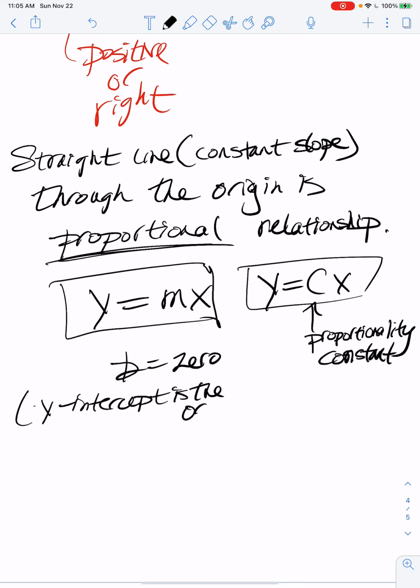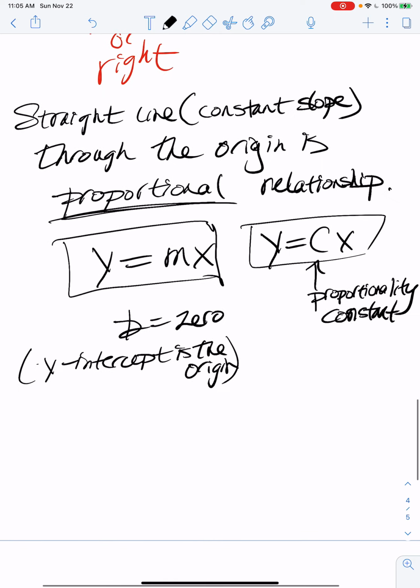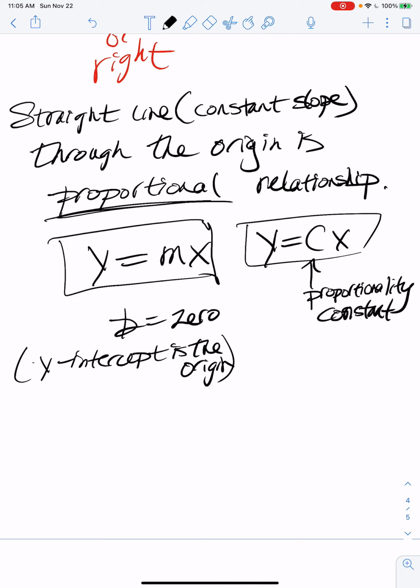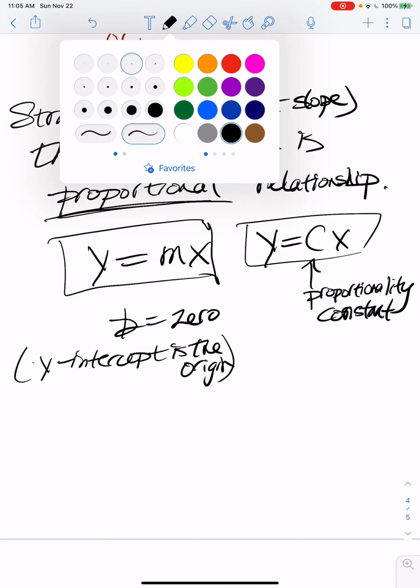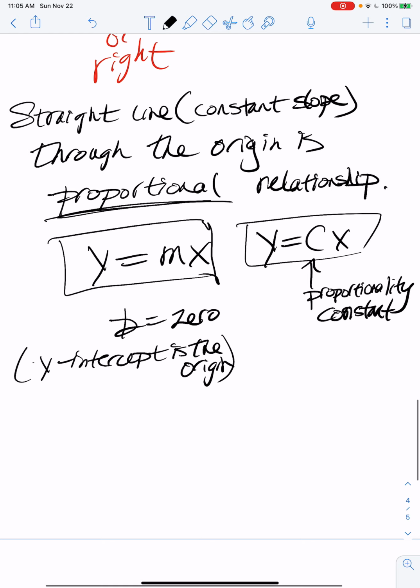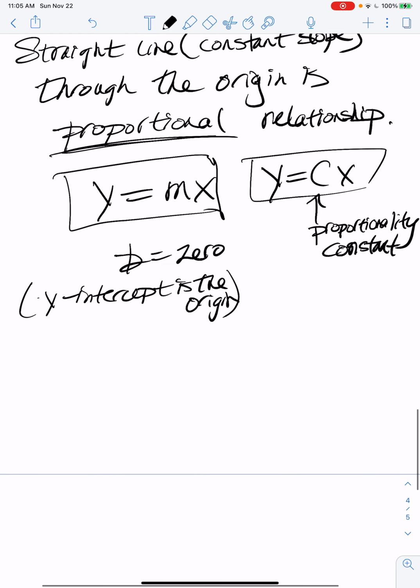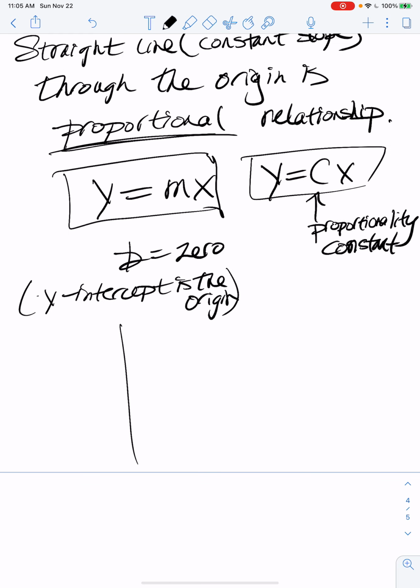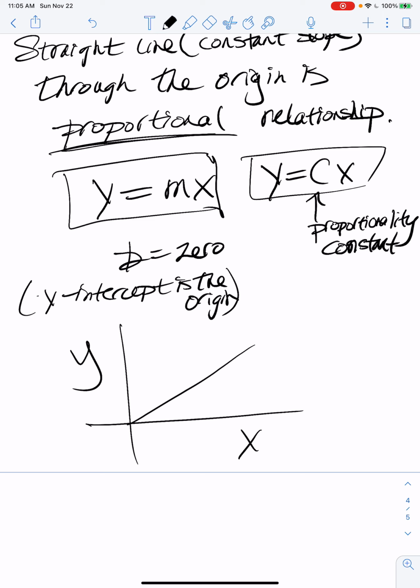Is the origin. Right, that's what we're saying there. My point is that when you have y equals mx, you can make the graph that we made a second ago, with y being here, x being here, and the slope is meaningful, right?